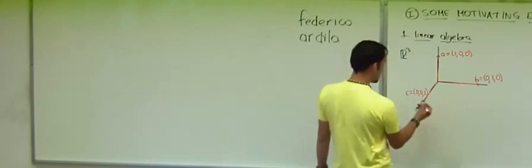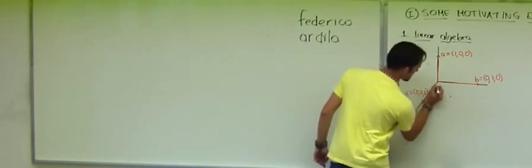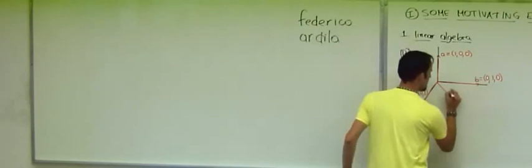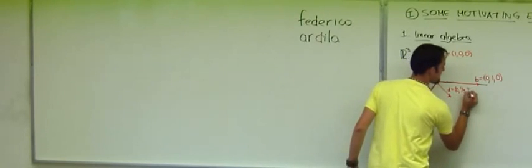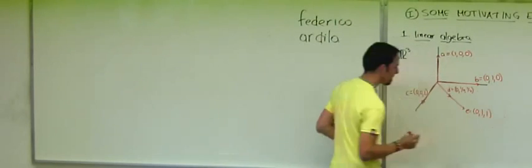Vector D is going to be the midpoint here, and of course, the midpoint of this segment has coordinates 0, a half, a half. Vector E is twice vector D. It has coordinates 0, 1, 1.